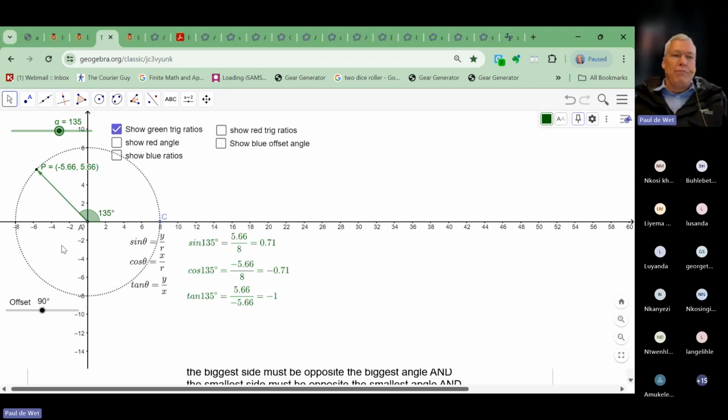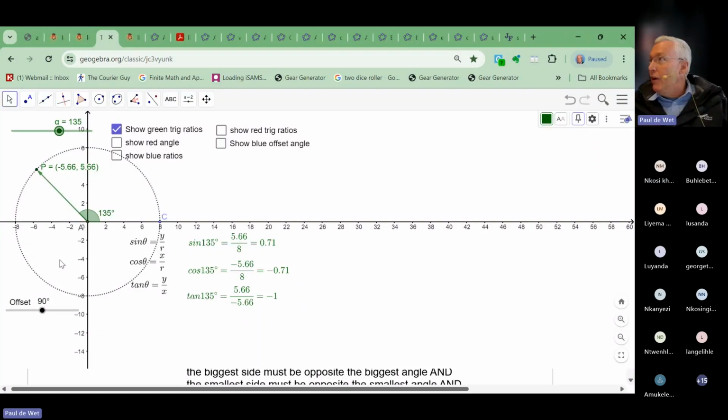If I go into this box over here, quadrant number 3, which trig ratio will be positive? Who can tell me which trig ratio will be positive in quadrant 3?